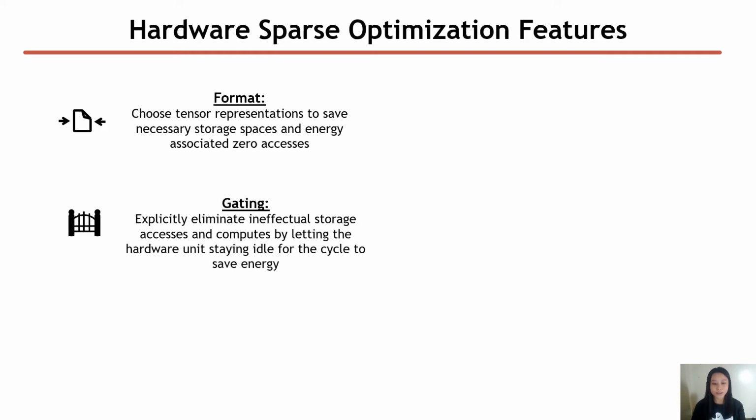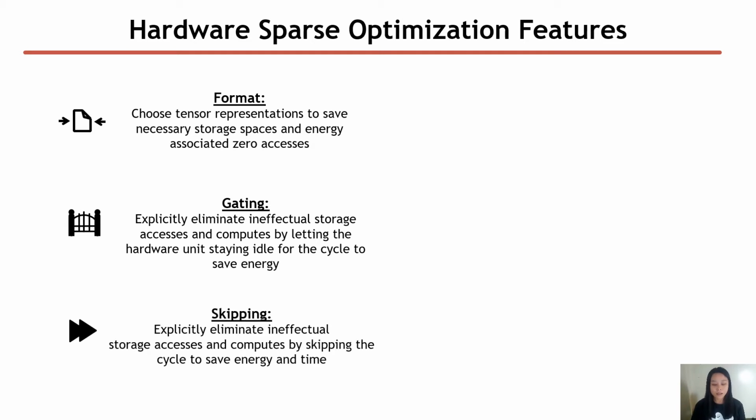The second one is called gating. Gating refers to the explicit elimination of ineffectual storage accesses as well as compute. By doing gating, we let the hardware unit stay idle for the cycle associated with the storage access or compute, so that no energy is spent.